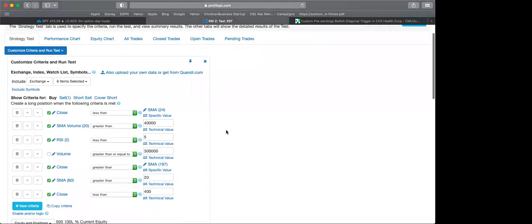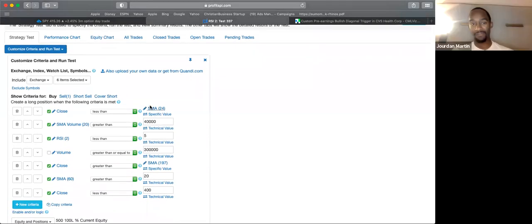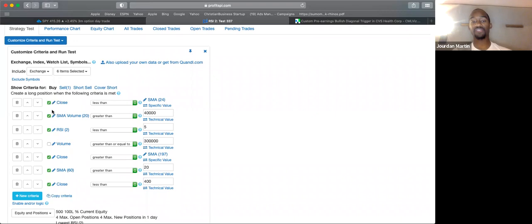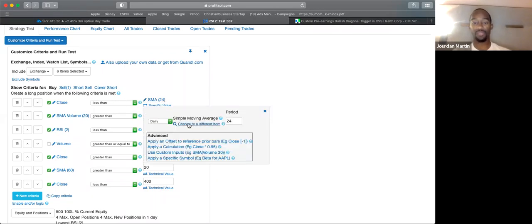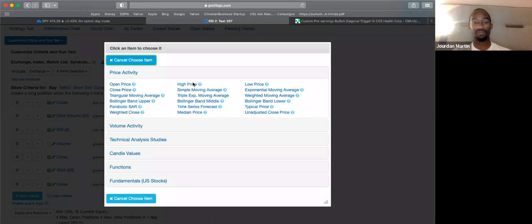So walking through the actual strategy itself and why it makes sense, or how do you use this actual site? This is where you put your criteria in. So what I'm saying is the strategy is I'm going to buy when this stuff is met, right? So the stock needs to close under the 24 SMA, and you can come in and change things, right?